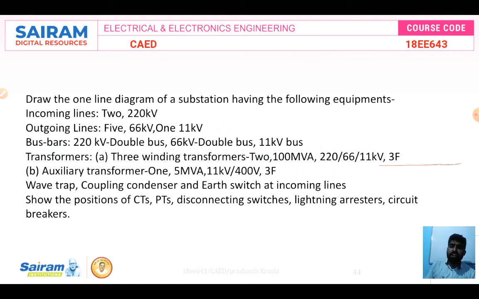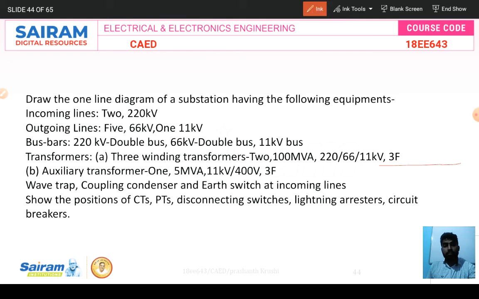Draw the one line diagram of a substation having the following equipments. 2 incoming lines must be there. See here, 2 incoming lines, and outgoing lines 5 will be there. I have not mentioned any bus bars.